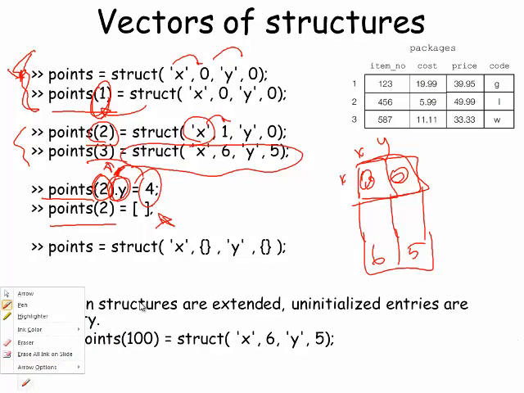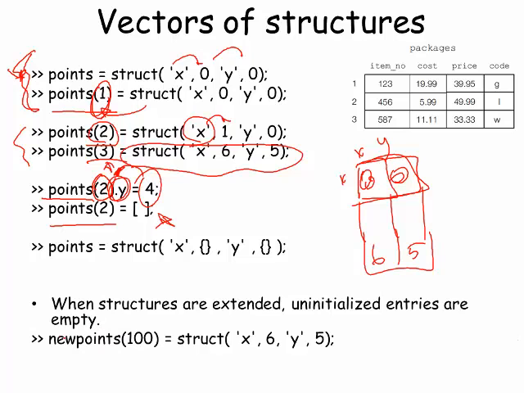If you want to create a structure that has no elements in it, then you can use curly brackets. So I'm creating a structure where x equals a curly bracket, y equals a curly bracket. So this is a special syntax, and it's not very intuitive.